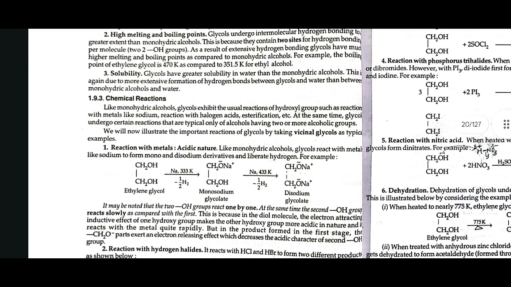Chemical reactions. Like the monohydric alcohols, glycols exhibit the usual reactions of the hydroxyl group, such as reaction with a metal like sodium, reaction with halogen acids, esterification, etc. At the same time, glycols undergo certain reactions that are typical only of alcohols having two or more alcoholic groups.